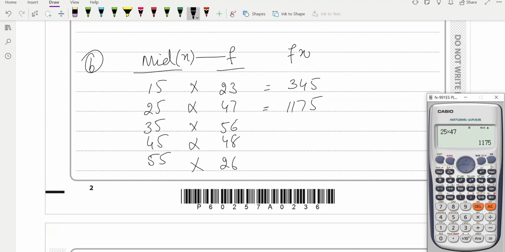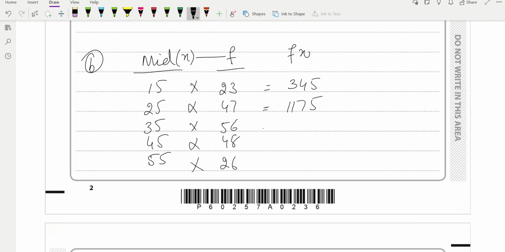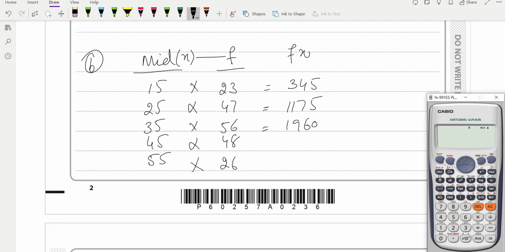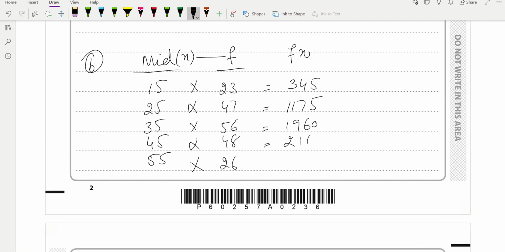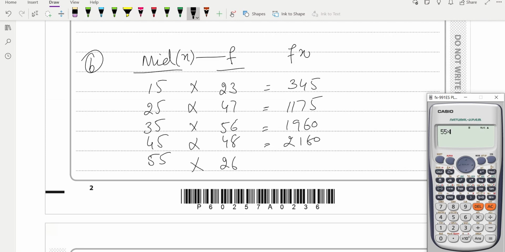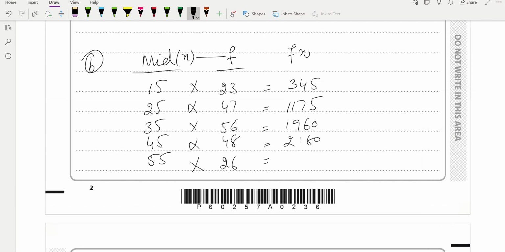The next value is 35 into 56, which is equal to 1960. The next term is 45 multiplied by 48, which is equal to 2160. Next is 55 multiplied by 26, and this is equal to 1430.